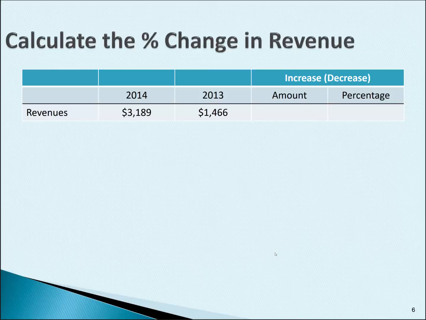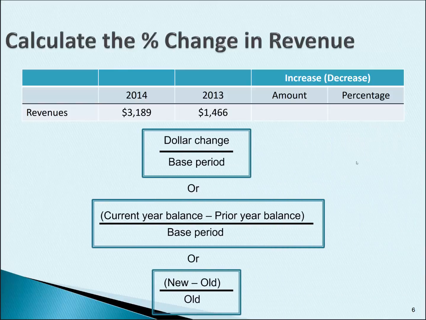So we're going to get some practice calculating the percentage change in revenue. So this company's revenues went from 1,466 to 3,189. So we want to calculate 2 things: the amount of change and then the percentage of change. So here's our 3 versions of the same formula.